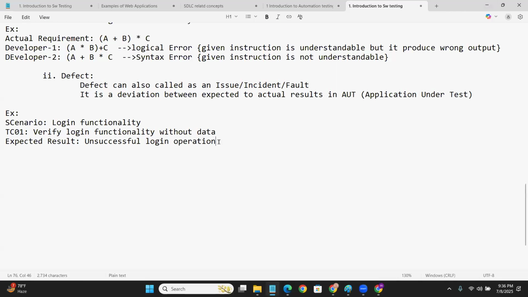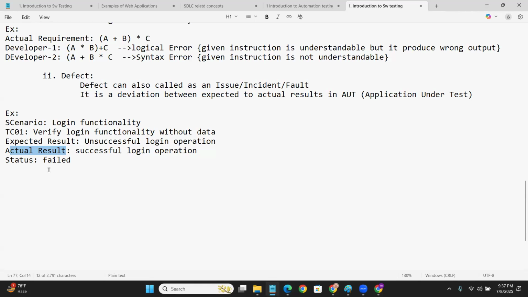Right. So what is the actual result? Successful login operation. Then what is the status? Status is failed. Why is it failed? Technically, we got the deviation between expected and actual results. That's why we say failed. It shows a successful login operation, but we are expecting unsuccessful.